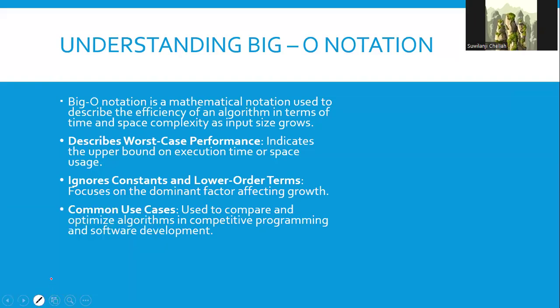Big O notation is a mathematical notation used to describe the efficiency of an algorithm in terms of time and space complexity as input size grows.